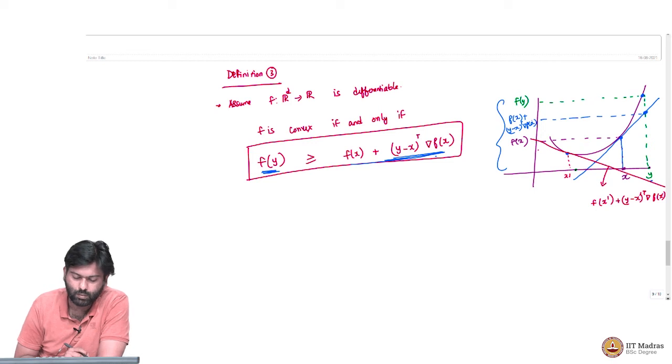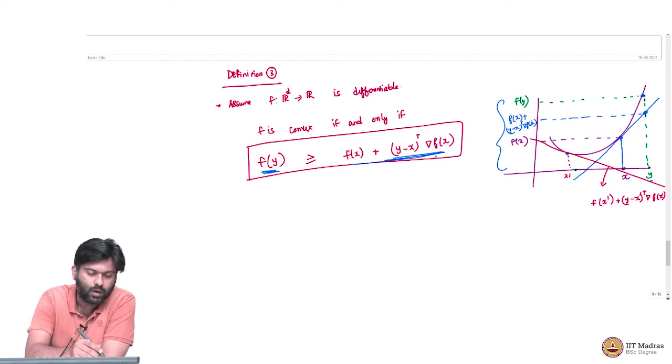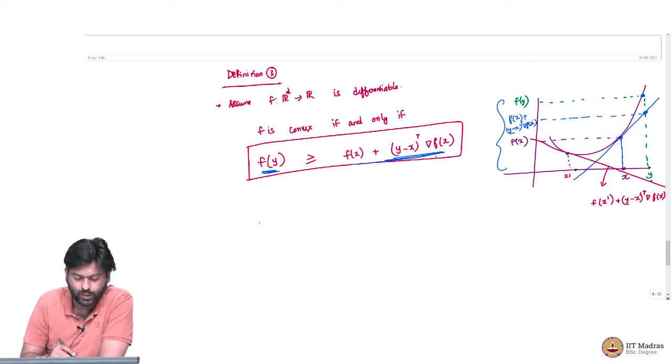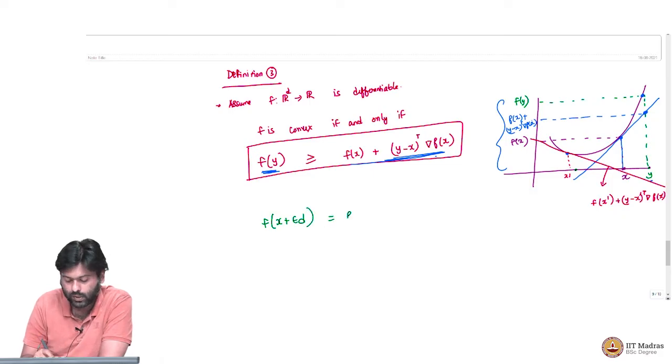So, what does this essentially mean? If you remember from our gradient descent discussion, we argued that if you have a function f of x plus epsilon d, our Taylor series would say that this is f of x plus epsilon times d transpose del f of x plus some higher order terms.